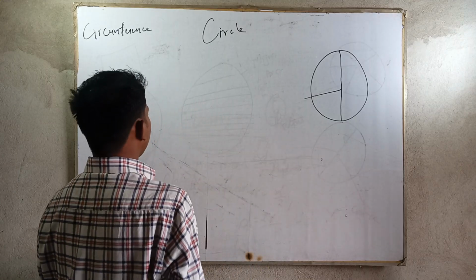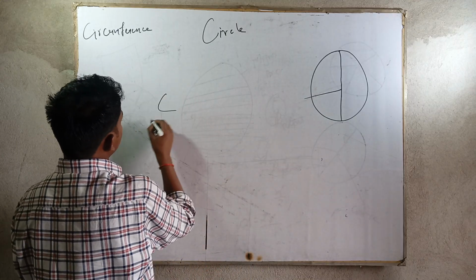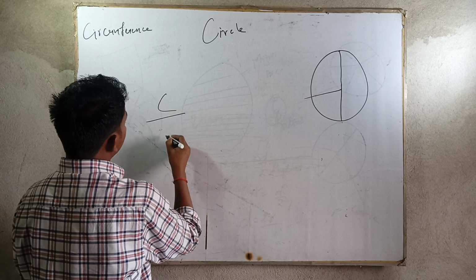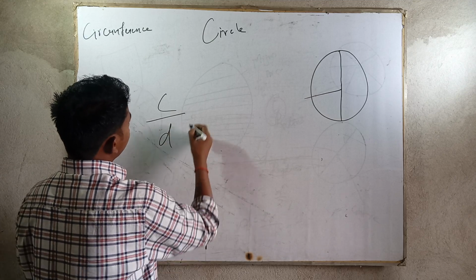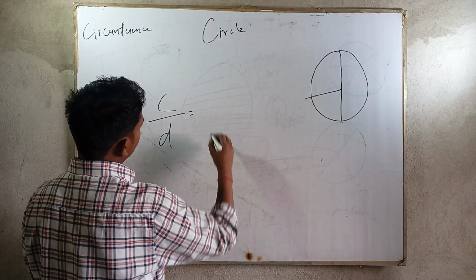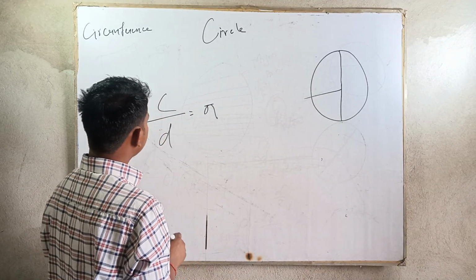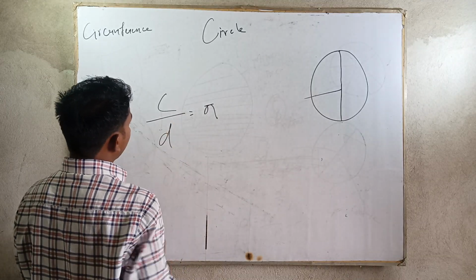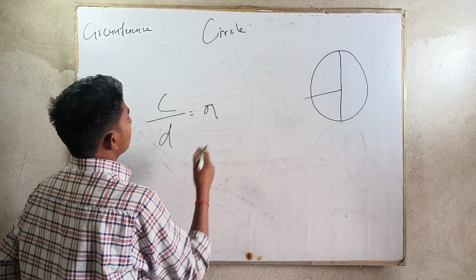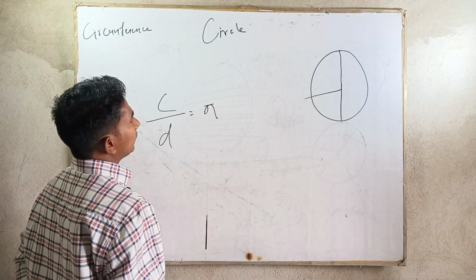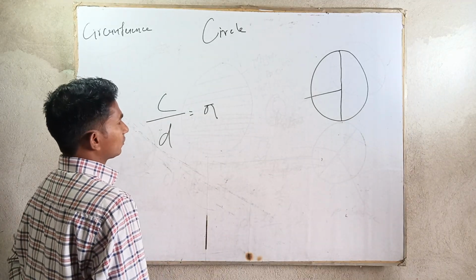So if the circumference is divided by d, its value comes out as pi, and pi is a constant. If I divide the circumference by the diameter, the value comes out as pi.